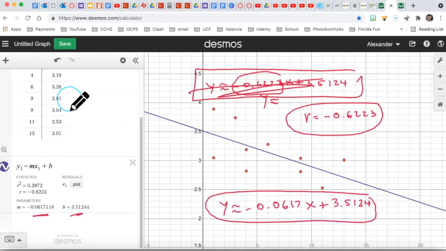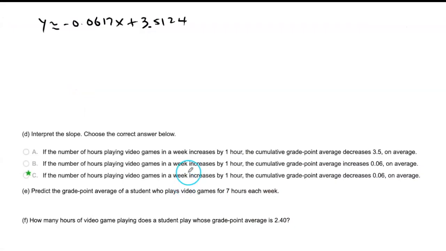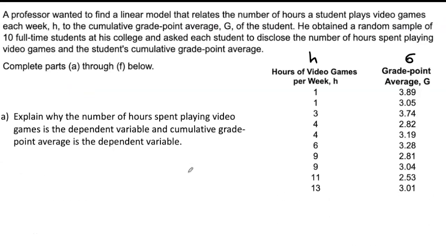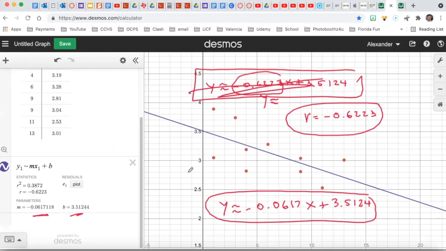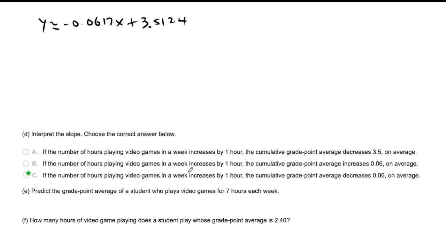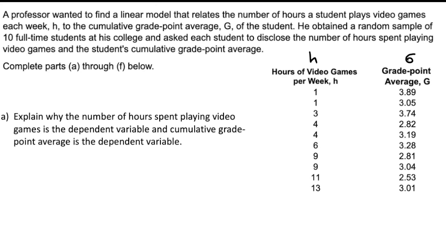My variables in the original problem are H and G, H and G. So instead of the x, I should have negative 0.617 H. And here should be the G, because the G is the GPA, and that's the dependent variable.